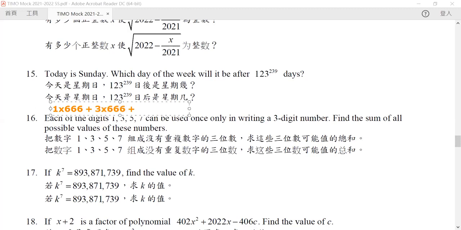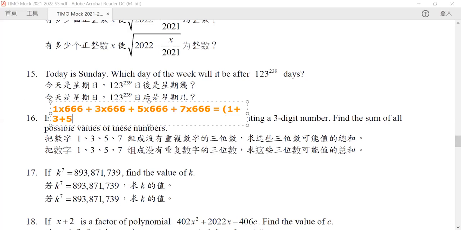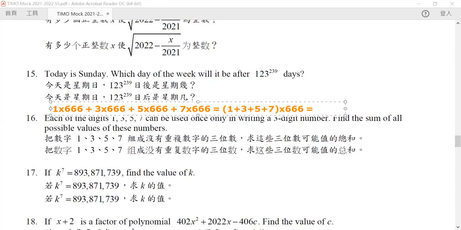Again, for our 5, it will contribute again 666. And for our 7, it will again contribute 666. So the sum of all possible values of this number must be equal to 1 plus 3 plus 5 plus 7 multiplied by 666. And hence this would be equal to 16 times 666.